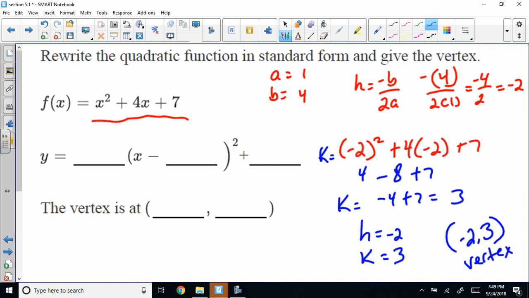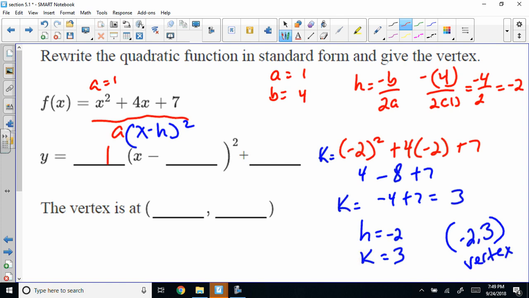Okay, so I hate that they forced a, this is really what this is supposed to be, right? Man, I hate that they've done that because look what's going to happen. Our a, this is our a, right? A is 1. That's the same a of the vertex form, right? So that's a 1.